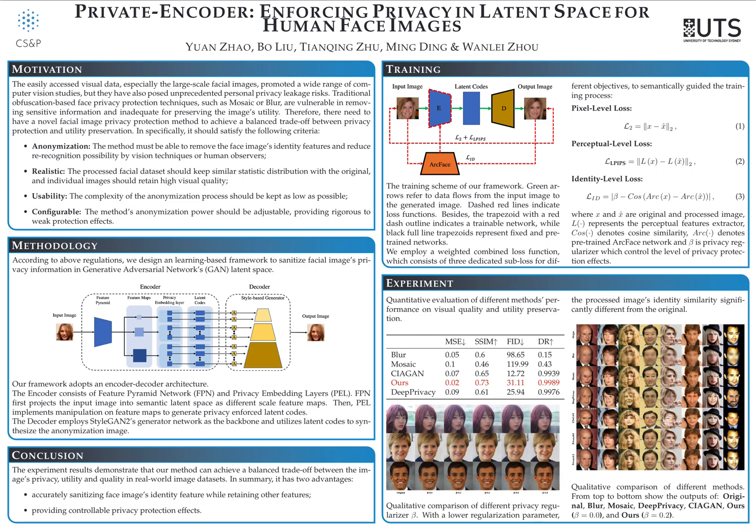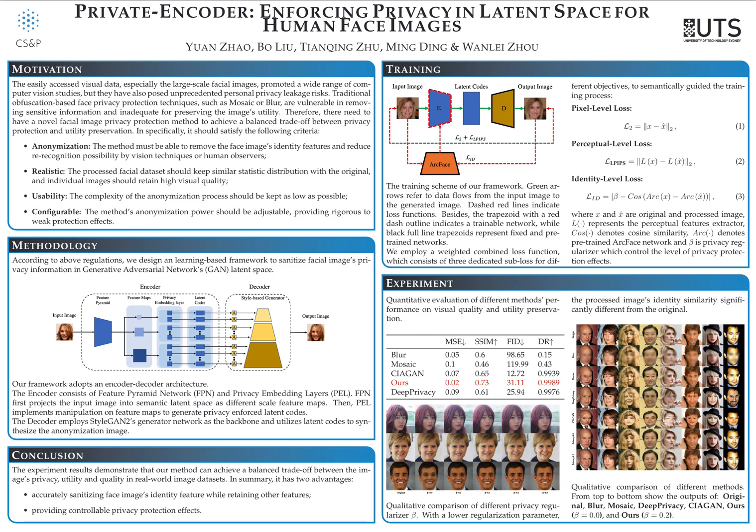To guide the training, we utilize a weighted combined loss function, which consists of three dedicated losses for different objectives. We show it on the right side of the training part. We can see that the pixel level loss function and perceptual loss function are used to enforce the reconstructed images to resemble the original images.